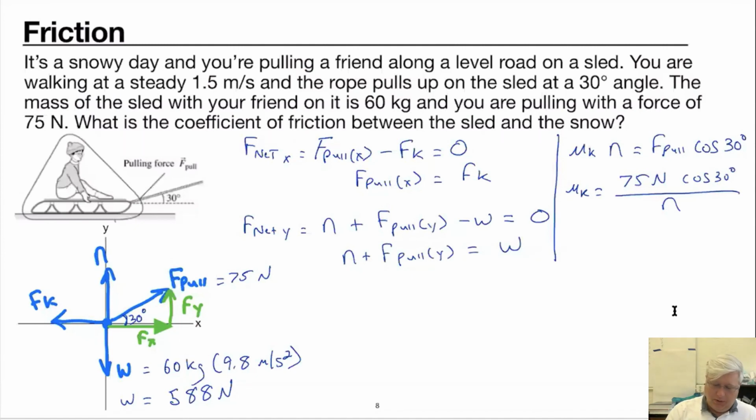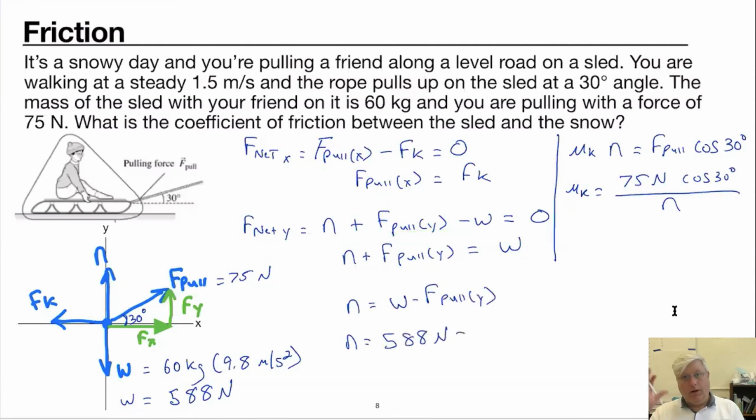Well, perhaps we can figure that out since the other expression that we created does have the normal force in it. So let's solve for N, and we get weight minus the y component of the force of the pull. We know that the weight is 588 newtons.